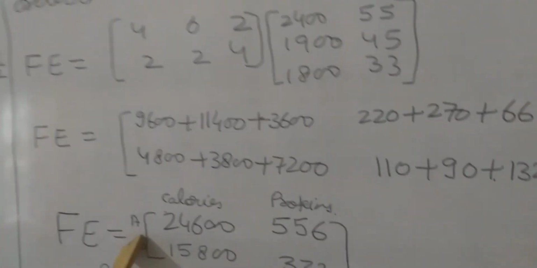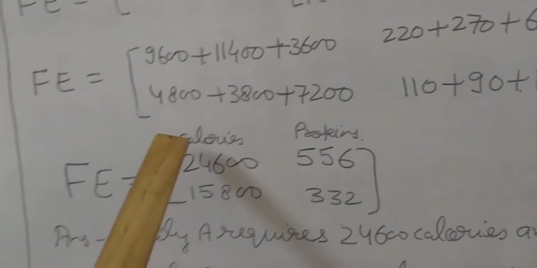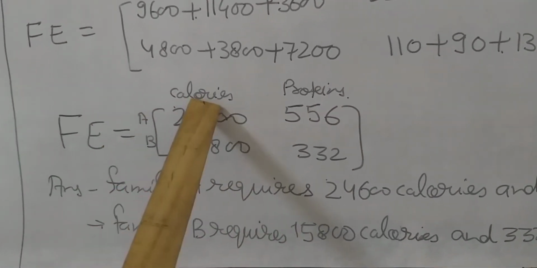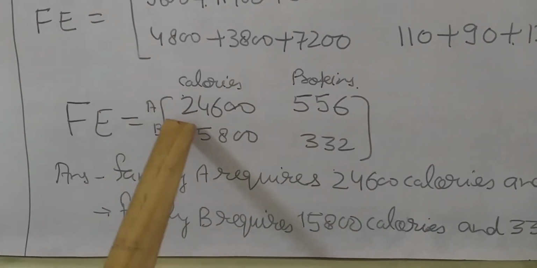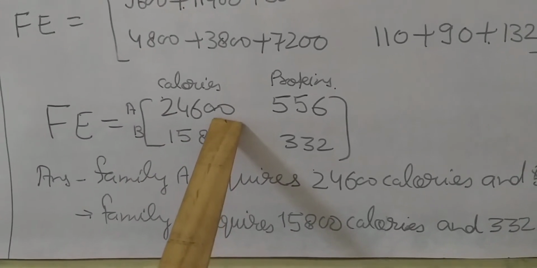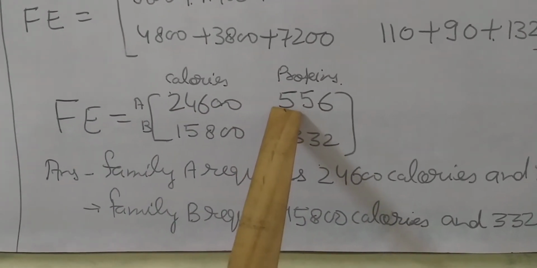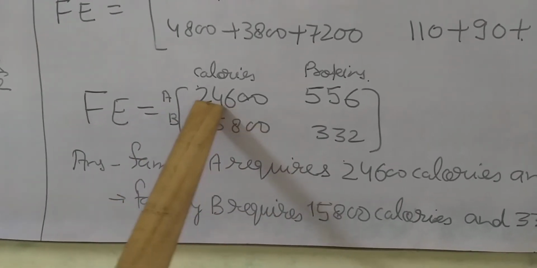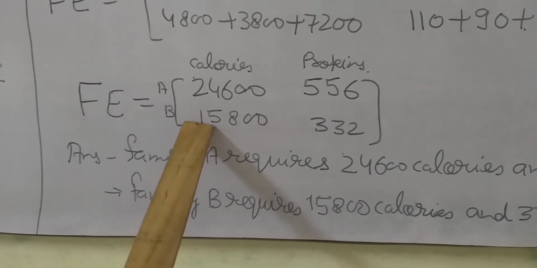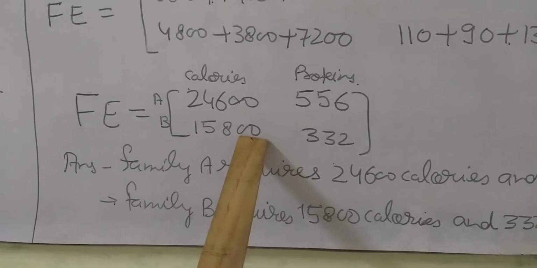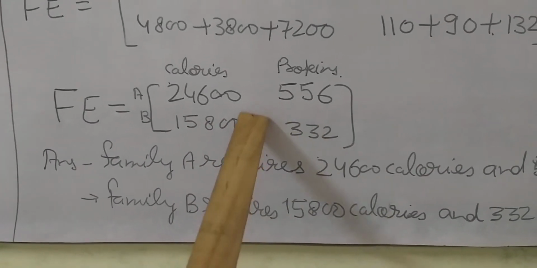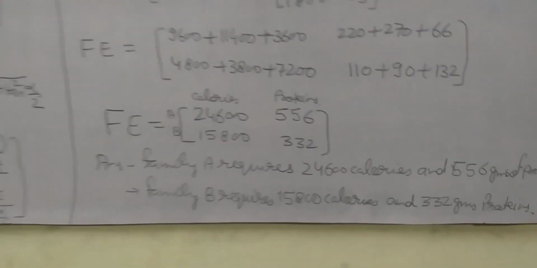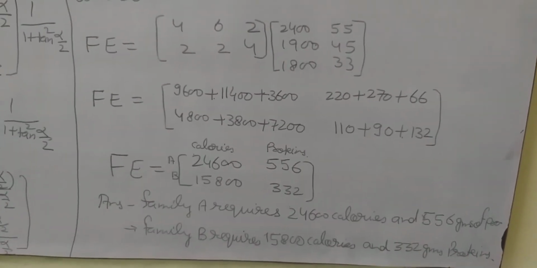So I have written here A and B, and this is calorie and protein. So for family A, the calorie required is 24,600 and the protein required is 556 gram. And for B, the calories required are 15,800 and the protein required is 332 gram. Okay students? Okay then students, have a nice day.